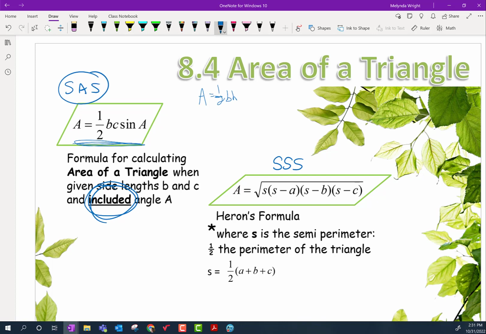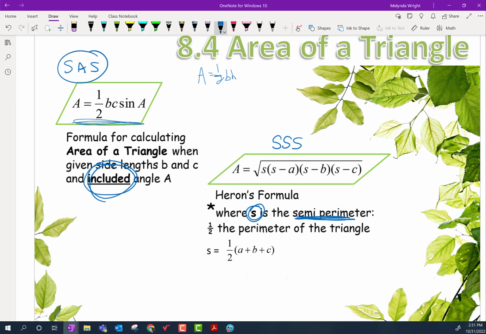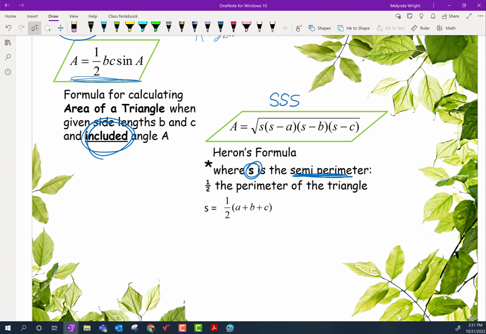Now, Heron's formula uses something that you may not have heard about or used before, called a semi-perimeter. So that's what this S stands for, the semi-perimeter. And it's kind of how it sounds, like the English word. You take the perimeter and you cut it in half. So I would add all three sides of my triangle, and then I would multiply by half, and that would give me my semi-perimeter.